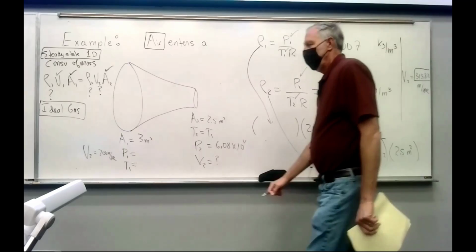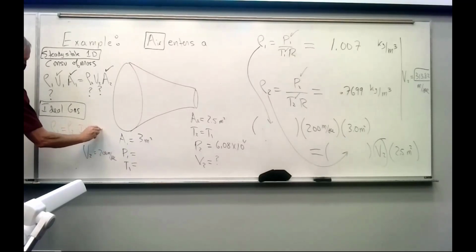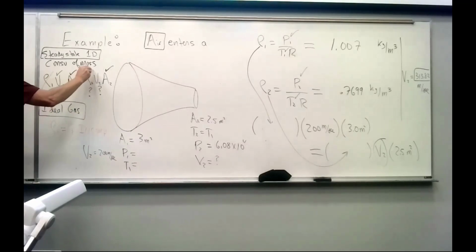Now we talked about incompressible flow, right? So we could have made our job a lot easier if we had said rho 1 equals rho 2, incompressible flow. We could have knocked that out and found, in fact, let's do that.